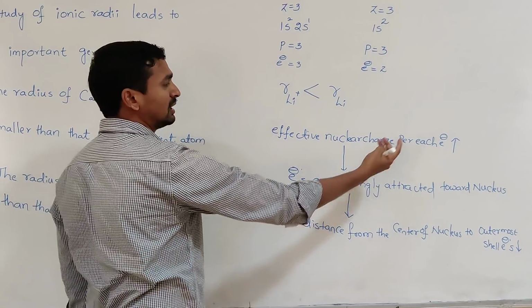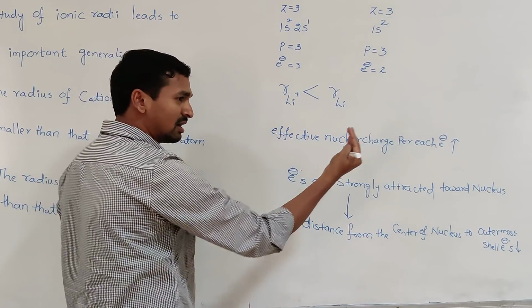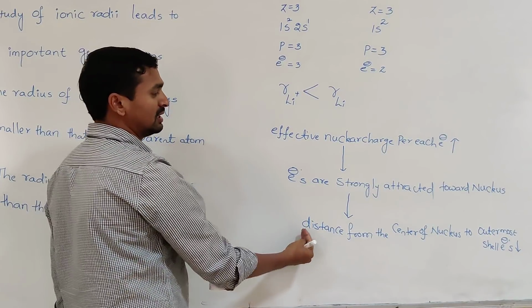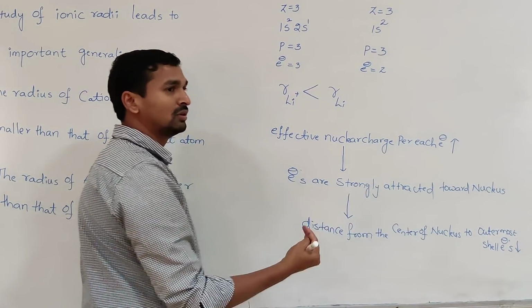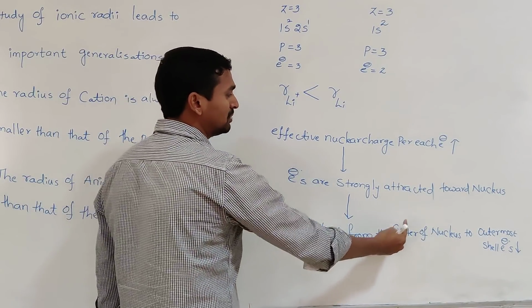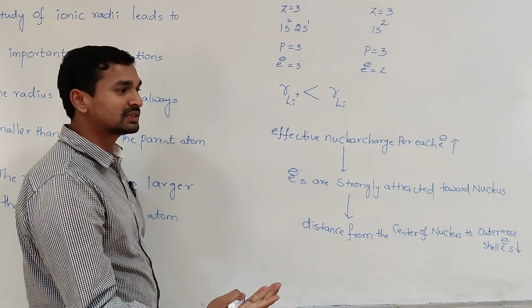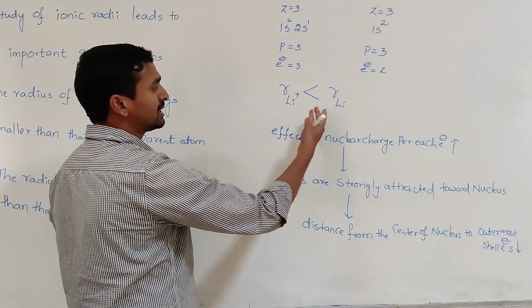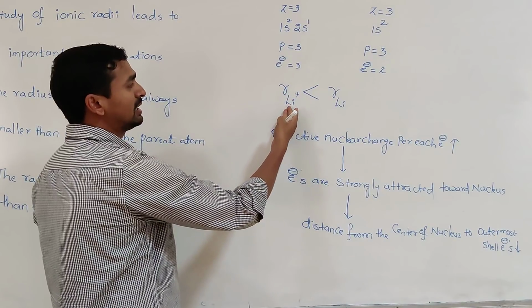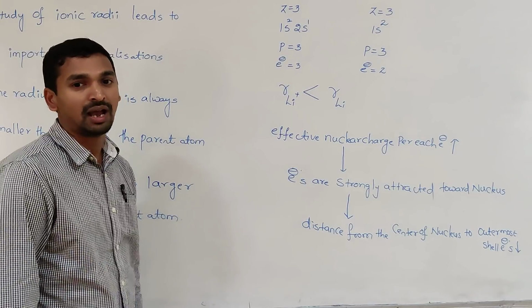As a result, the electrons are strongly attracted toward the nucleus, and the distance from the center of the nucleus to the outermost electrons decreases. That distance is called the radius, so the radius decreases. That is why the cation always has a smaller radius than its parent atom.